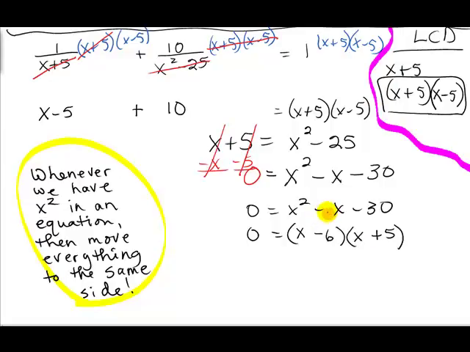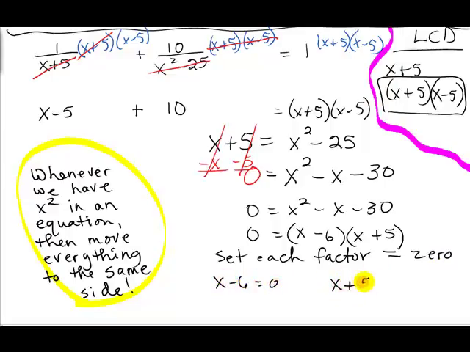Now what we will do is we will set each factor equal to 0. So x minus 6 equals 0, and x plus 5 equals 0. Then we will solve. So we have x equals 6, and x equals negative 5.